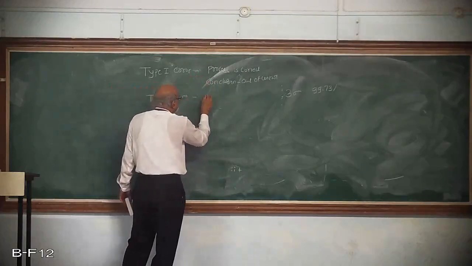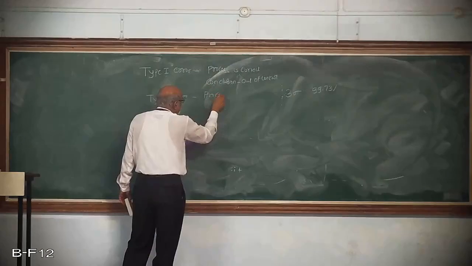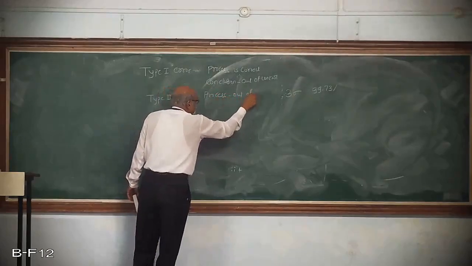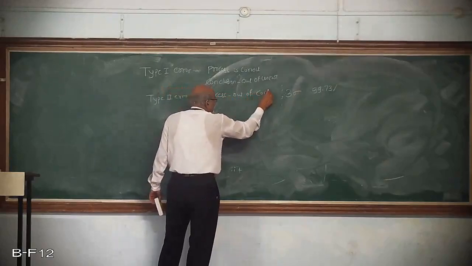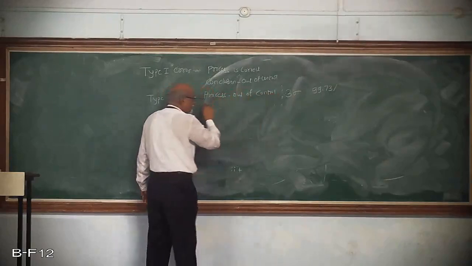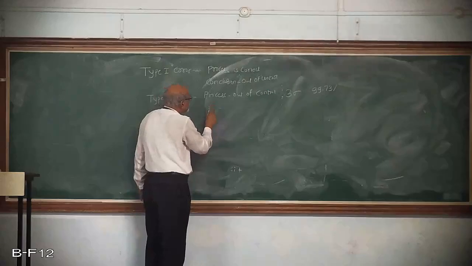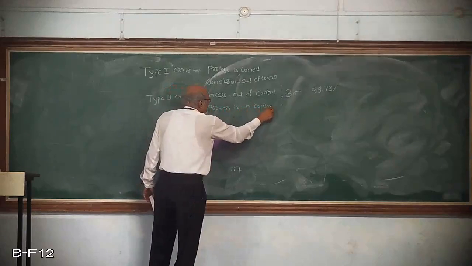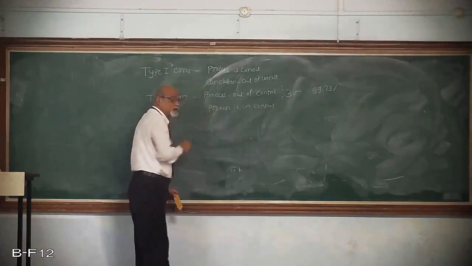In reality, the process is out of control, but the sample says that the process is in control. Which is called type 2 error.